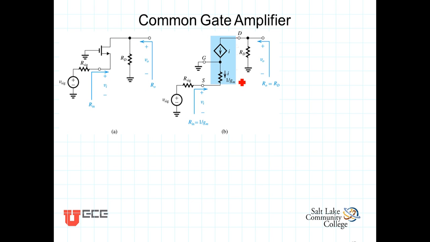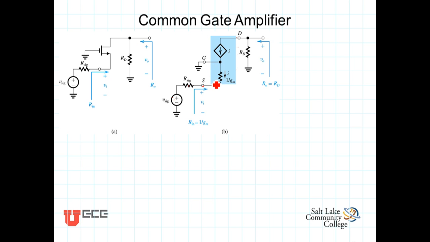Our first observation is that because the signal is connected in series with the source, the voltage actually applied to the source is going to be reduced from the signal voltage by a voltage divider between these two resistances.